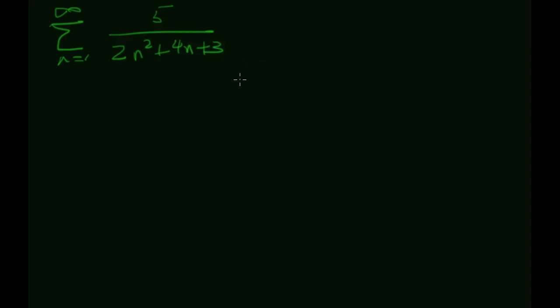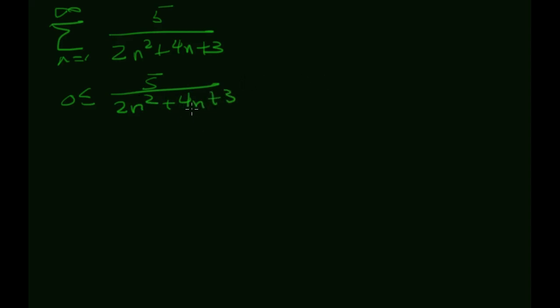Okay, we want to know if this thing converges. All right, so if I look at this, 0 is less than or equal to this thing. For all n greater than or equal to 1, this thing is always positive, right?